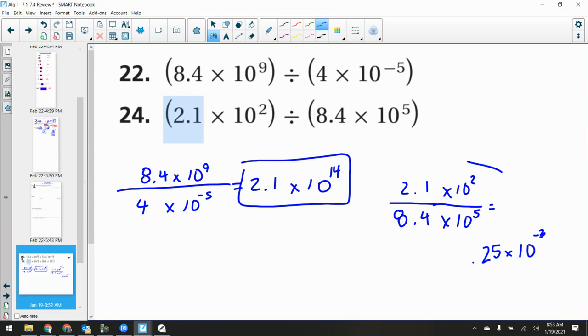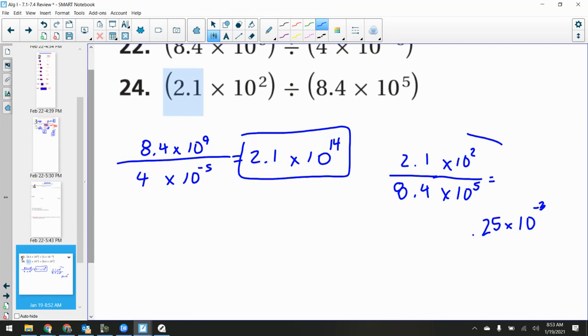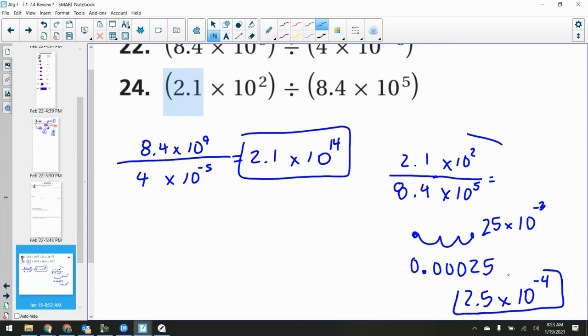Now, I like to write that in standard form and then put it back into scientific notation, just to see if I know what's going on. I'm going to go left 3 units. 1, 2, 3. So 0.00025, three zeros before the 2.5. So putting it back into scientific notation, that's 2.5 times 10 to the 1, 2, 3, 4, -4 power. So there's 24.